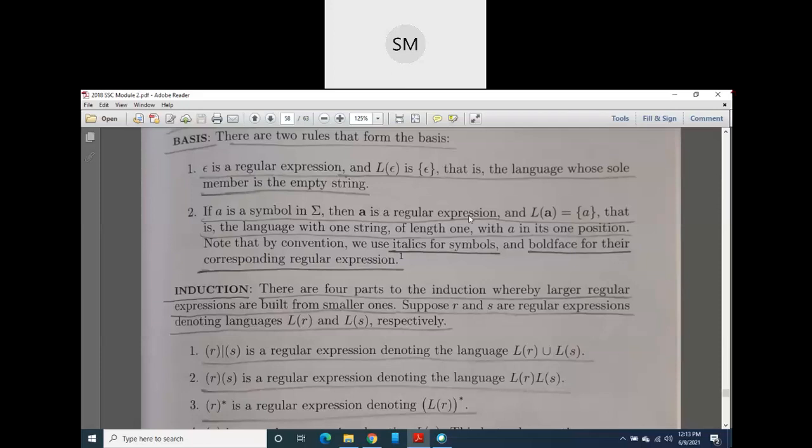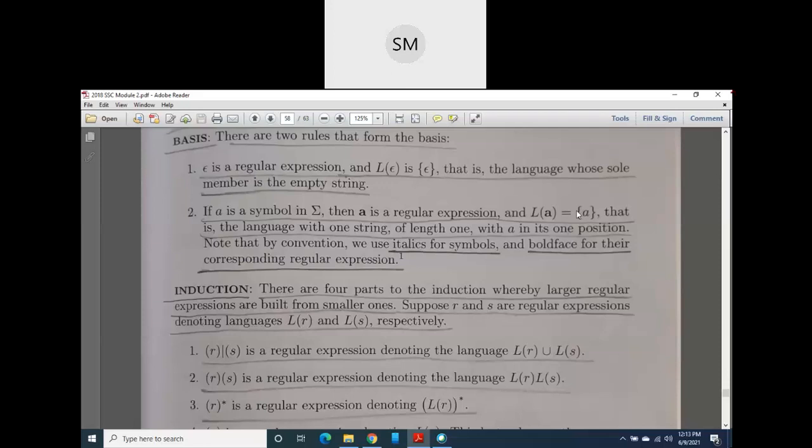A, a single symbol, is also a regular expression, and L of A. So by using that symbol, if you are constructing any language, that is called L of A. Then again what will you get? You will get A only.